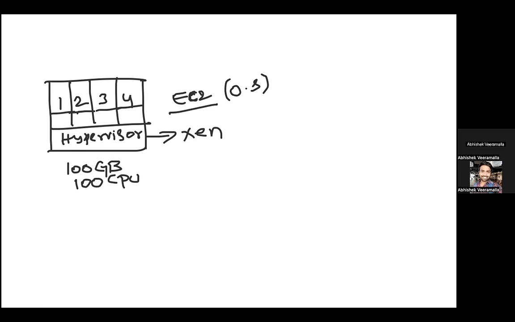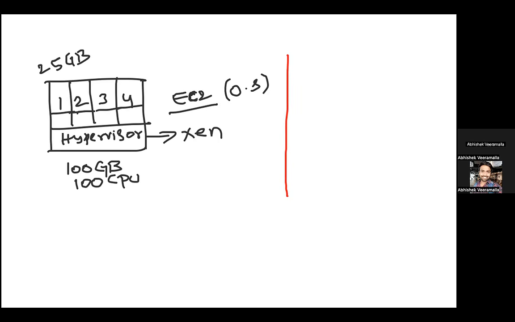And you created, let's say, 25 GB RAM for each of these virtual machines. But of late, your organization realized that you are not using the complete capacity of these virtual machines, right? So you have saved some money from moving from physical servers to virtual machines. But even after moving to virtual machines, you have realized that one or all of your virtual machines are not using the resources to their fullest capacity.